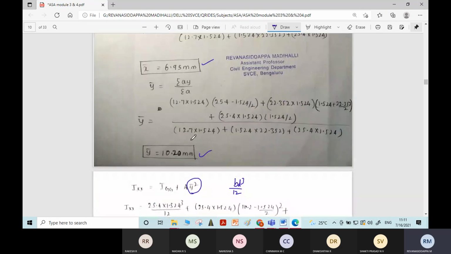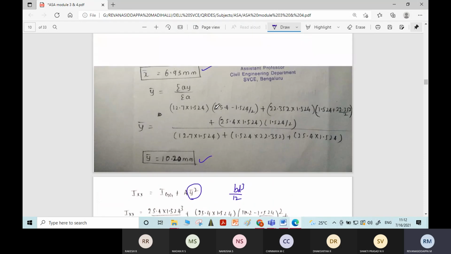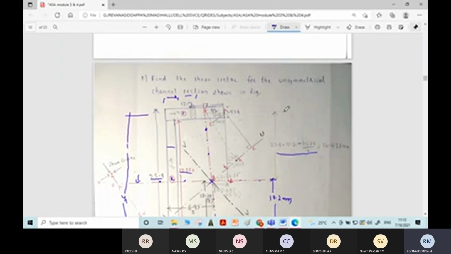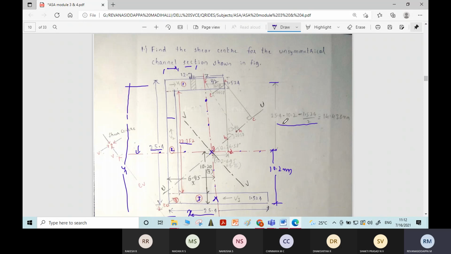See, in this formula y1 bar means distance between centroid of rectangle 1 to that of centroid of whole figure. Centroid of whole figure is given by overall depth minus 10.2, that is 25.4 minus 10.2.